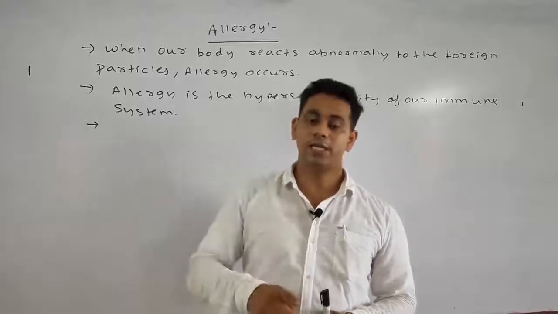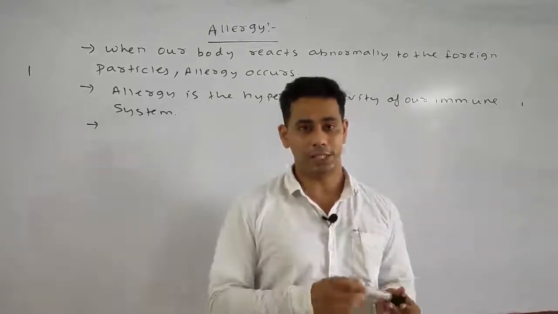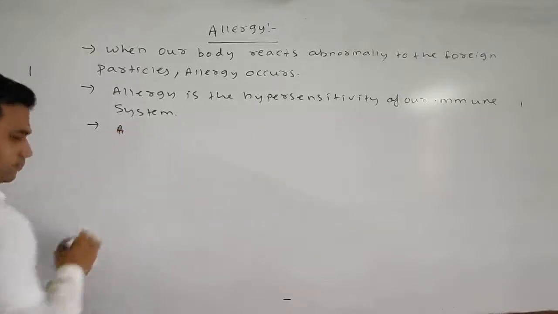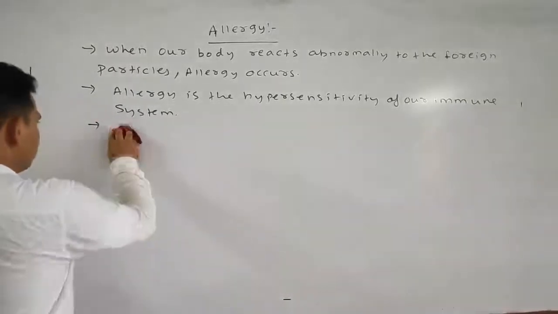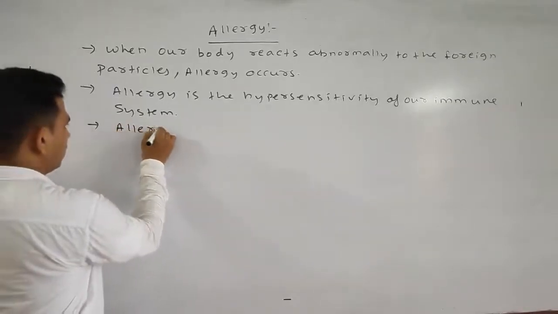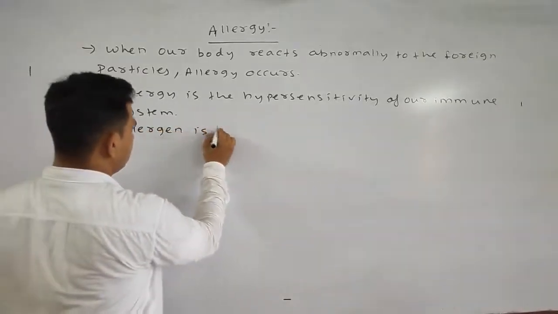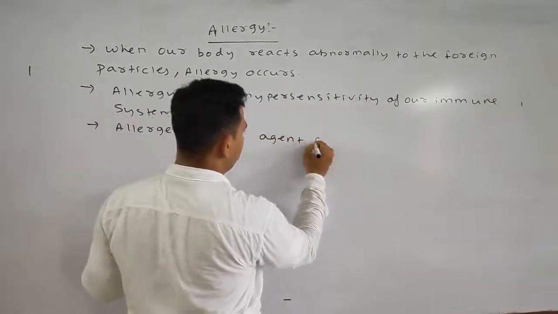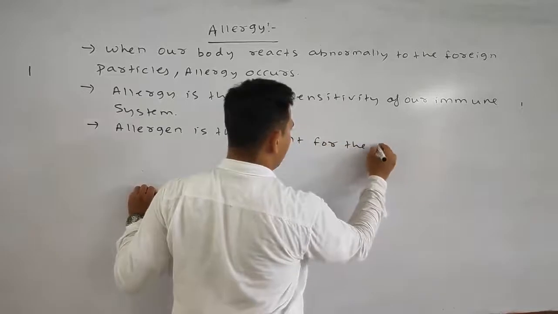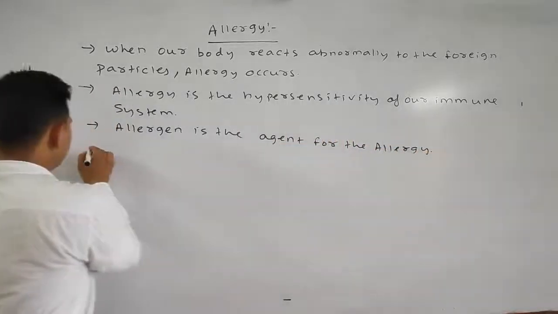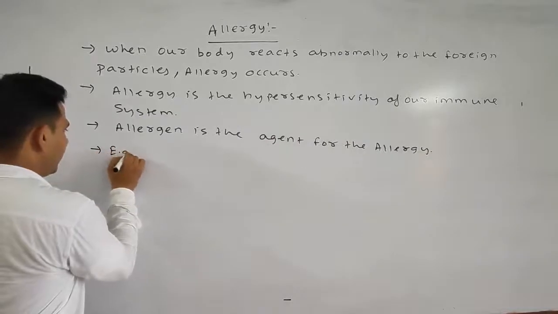And the agent for the allergy is called an allergen. Allergen is the agent for the allergy. Okay, its examples can be of many types.